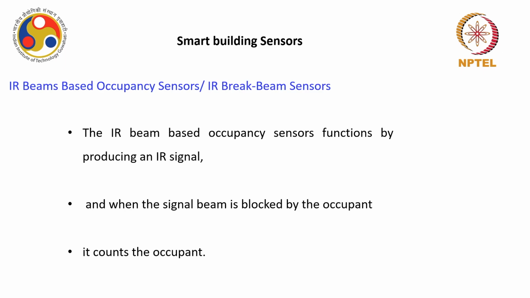Okay. Then finally, we have the IR beam based occupancy sensor. Sometimes this is also known as an IR break beam sensor. IR beam based occupancy sensors function by producing an IR signal, and when the signal beam is blocked by the occupant, it counts the occupant.